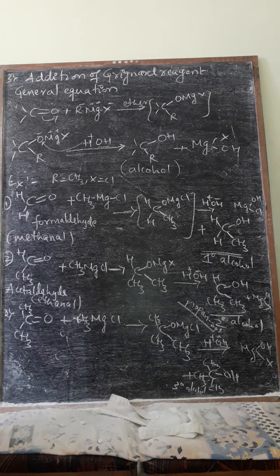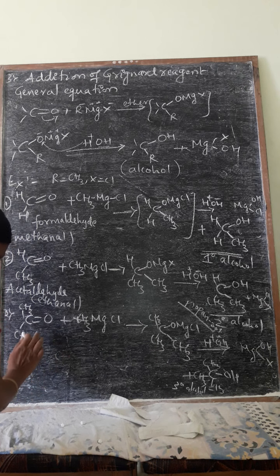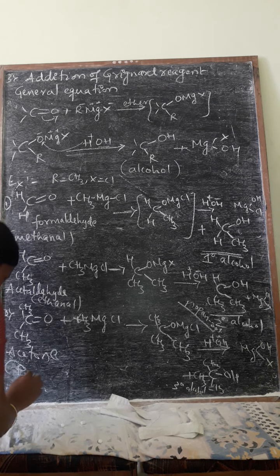The third example I have used here is acetone. Acetone is the common name, and the IUPAC name is propanone. How is it propanone? 1, 2, 3, with the ketone functional group on carbon 2.